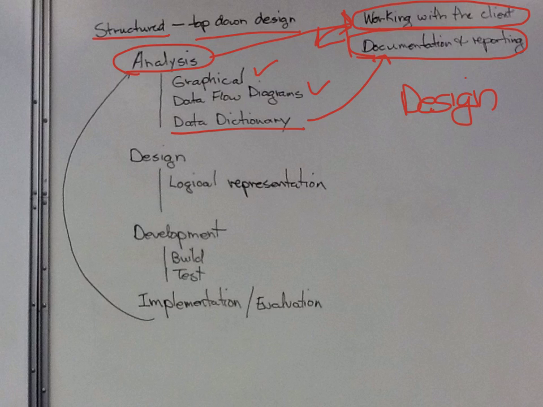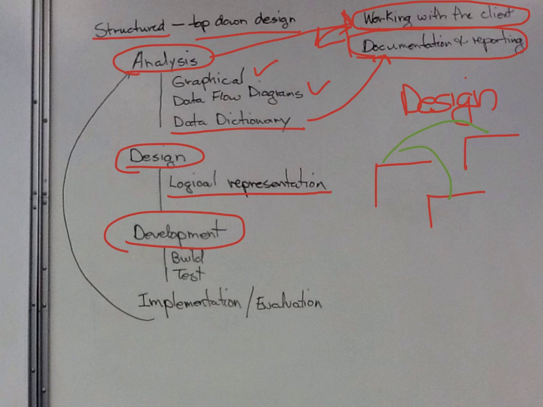The design, then we can create a logical representation of that. For us right now, we've been drawing these entities, and then between the entities we have been making entity relationships. When we develop it, we actually start building those tables and creating the relationships between them.